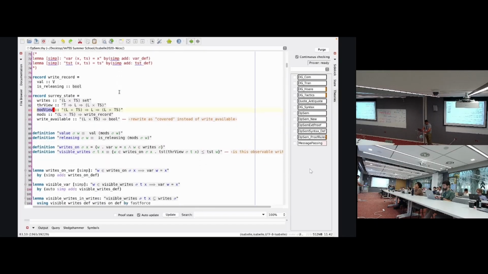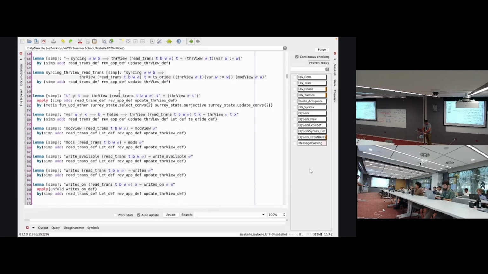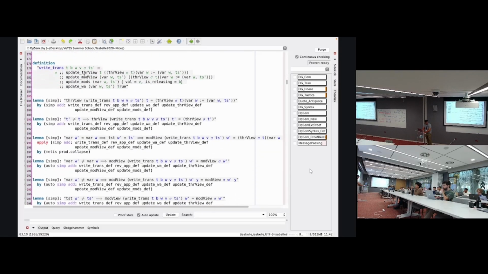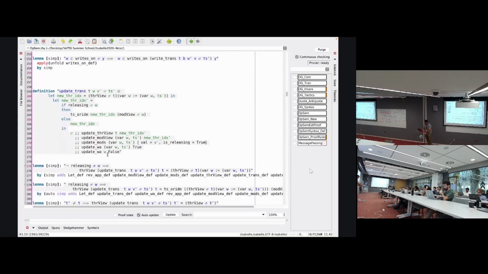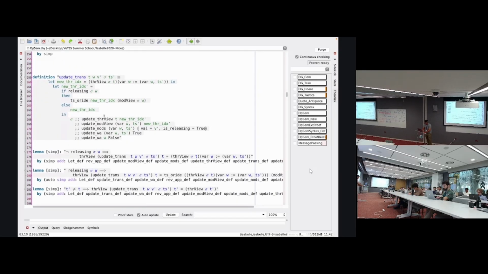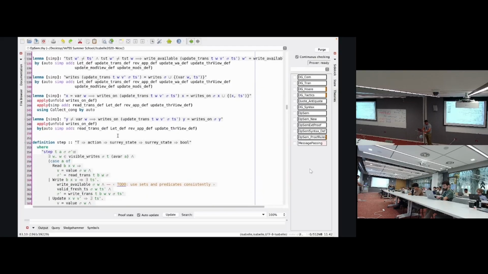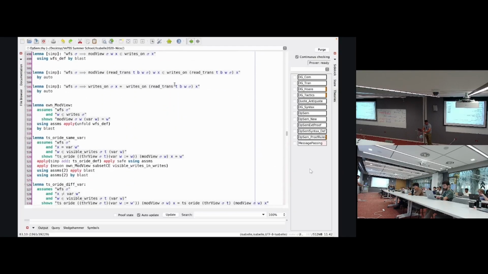So that's how that bit works. And then you can encode the write transition, and it tells you how the views are being updated. This is the read-modify-write, which has lots and lots of things being updated. And then you have some helper lemmas and so forth in there.